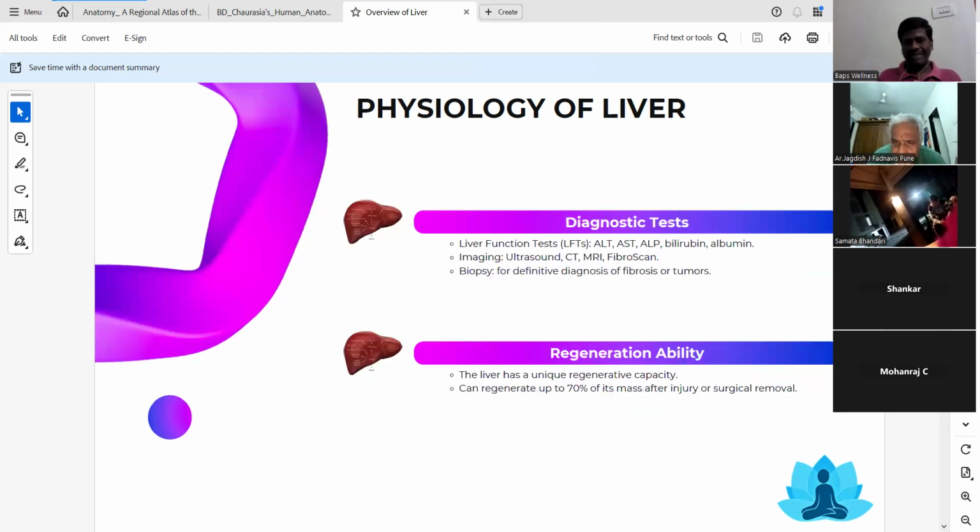So, what are the tests normally used in modern medicine to diagnose any health issues of the liver? Normally, the liver function test is the primary one, which has SGOT, SGPT, ALP, alkaline phosphatase, bilirubin direct and indirect, albumin, globulin, and the ratio between these two.